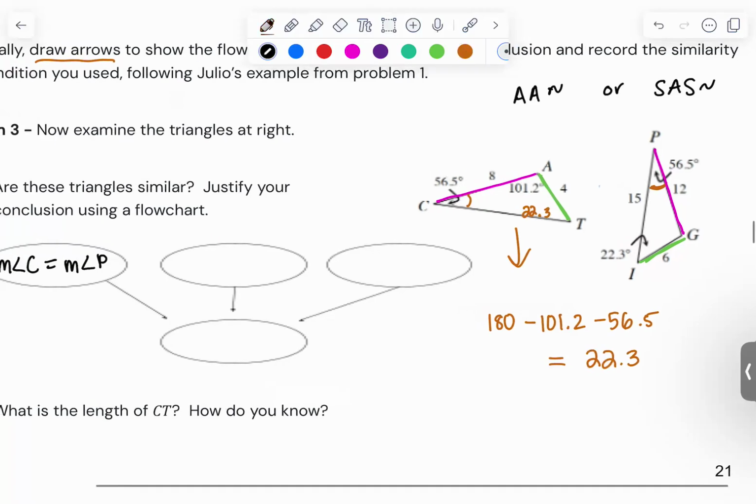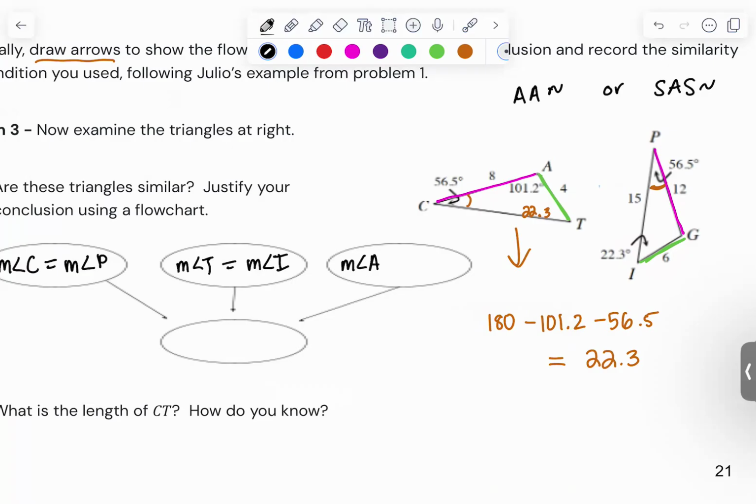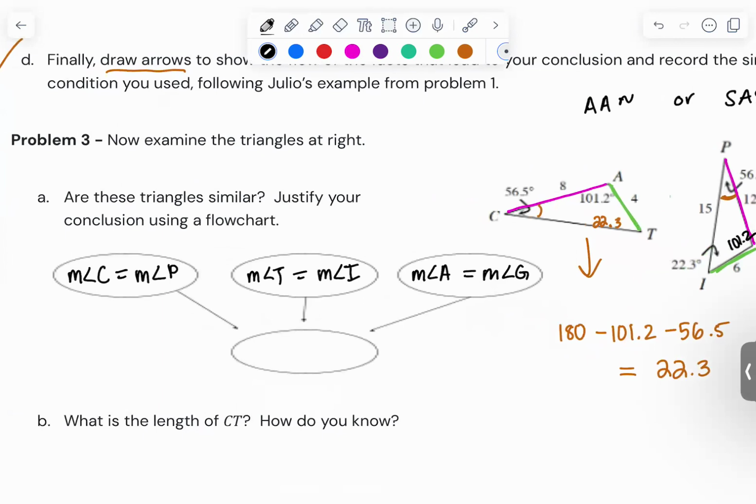So I'm going to say that the measure of angle T equals the measure of angle I, and that the measure of angle A is going to equal the measure of angle G. This is going to be 101.2 when you use the triangle sum theorem. Okay, so we have established our facts.